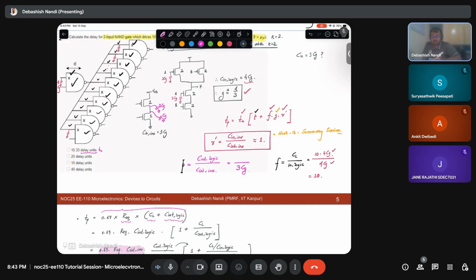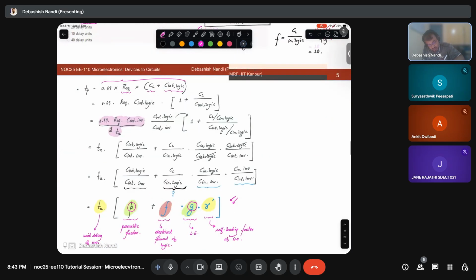What about the two input NAND gate? I have a capacitance here, here, here, and here.